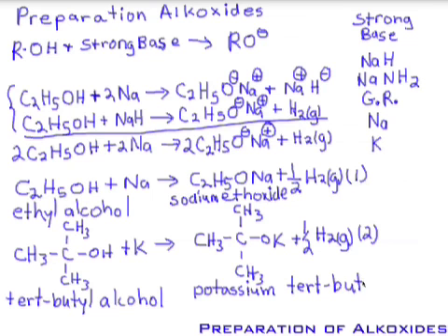We drop the YL and add oxide. And this applies for every alcohol. Okay, so there's the nomenclature and the preparation of the alkoxide. This is how we make the powerful nucleophiles that we used in the alkyl halide section of the course.